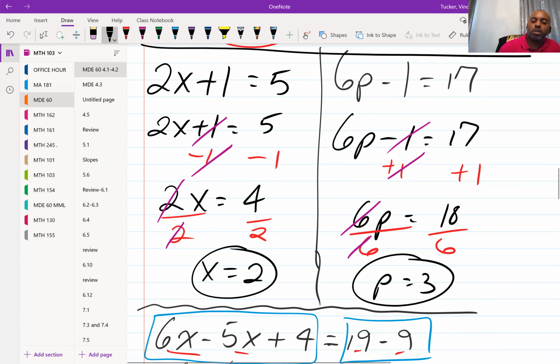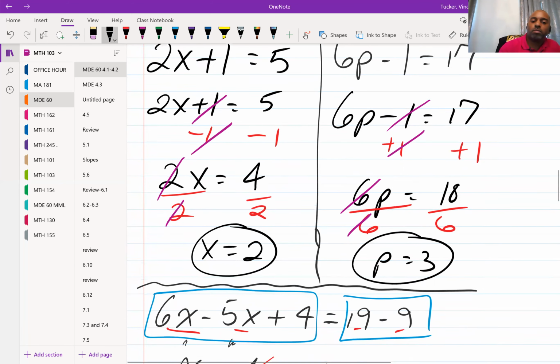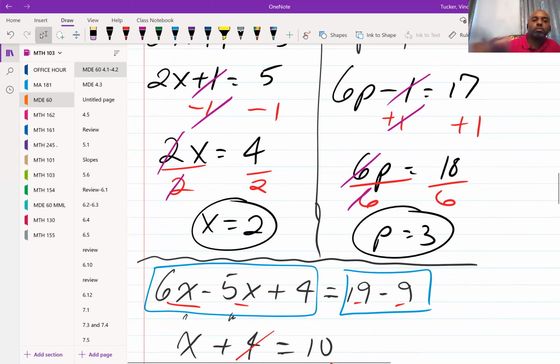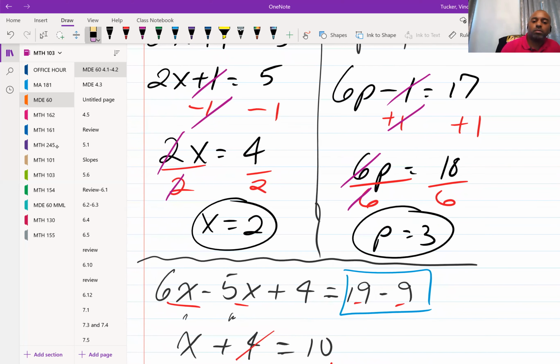All right, can I scroll up? All right, so on the next one, we have 6x minus 5x plus 4 equal to 19 minus 9.